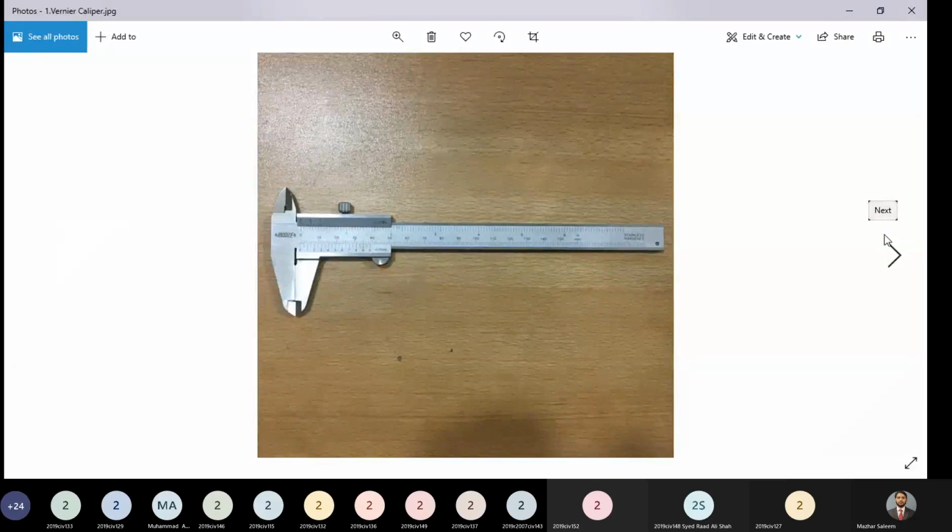Okay, I see a question. Let me take that question. While measuring external diameter using an internal diameter instrument, there are many risks of getting a chord instead of a complete diameter.